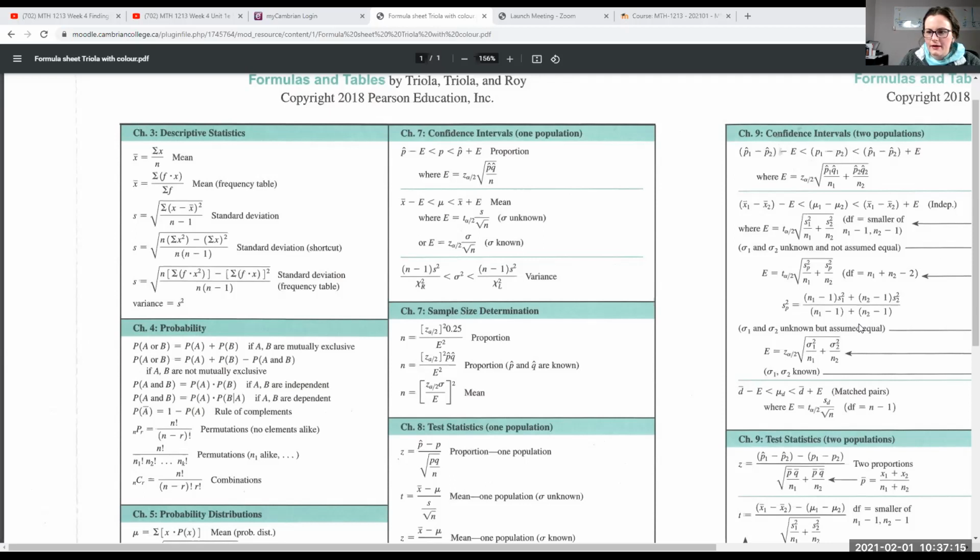And then we divide by the total sum of all frequencies. So that's 2 plus 33 plus 35 plus 7 plus 1.